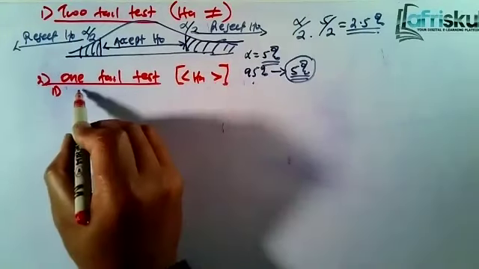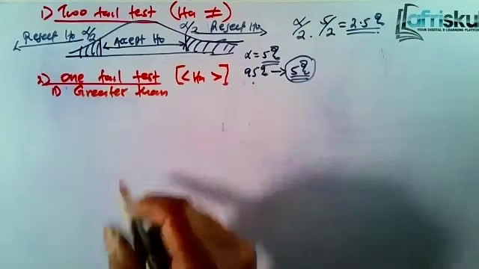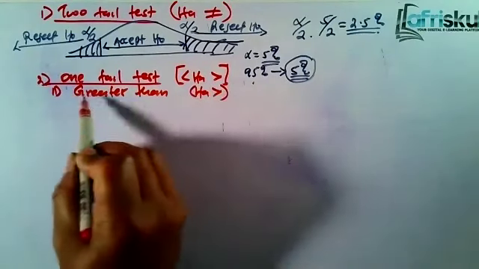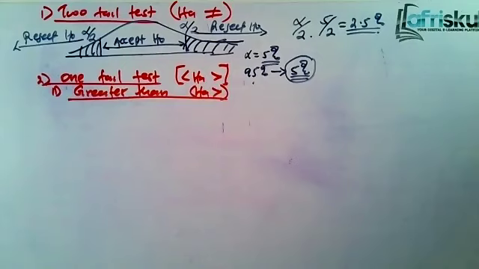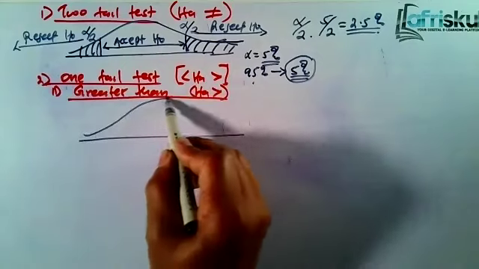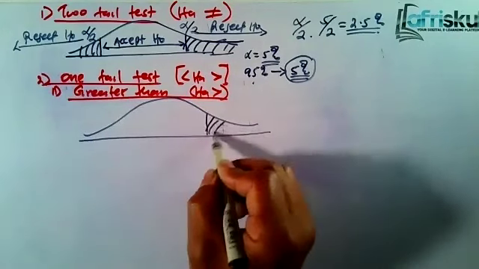So now let's start when it's greater than. When the alternate hypothesis is greater than, how do we show the one tail test? And this is how we show it. When it's greater than, you show that side.